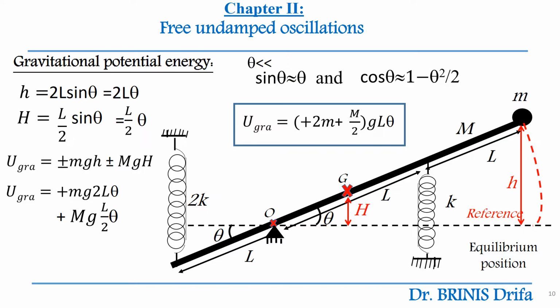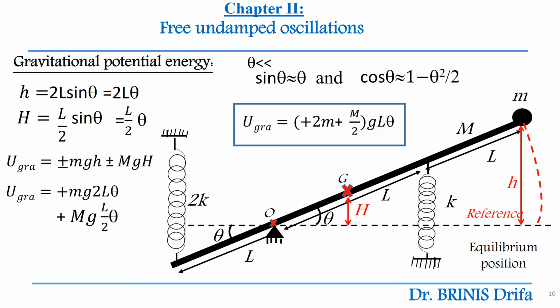It's worth noticing that U gravitational is with respect to theta and not theta square. It means that U gravitational in our case helps to make equilibrium and not oscillations. I will explain more after. You see that because the equilibrium position is horizontal.